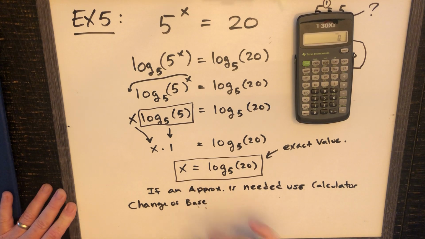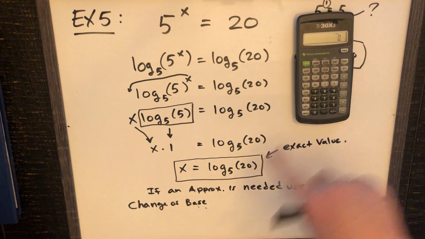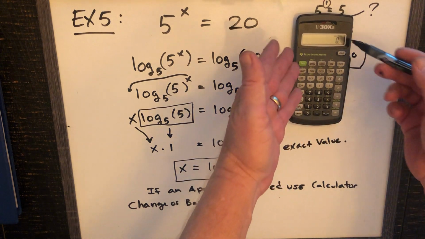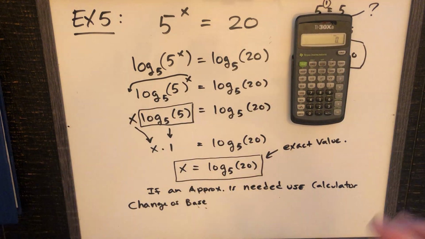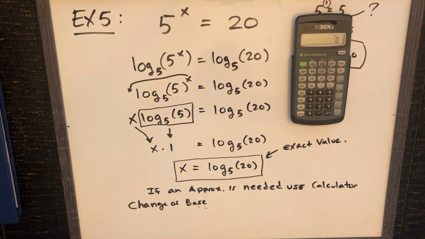The change of base property allows us to use an ordinary calculator like this to calculate the exact value of this. Now, if you have a much fancier calculator than the one I have, and I just have a basic TI here, you want to spend $100 or something, you can get a calculator that'll just calculate this log without having to do what I'm about to do. So if you happen to be one of those students that has one of those, that's fine. You're lucky.